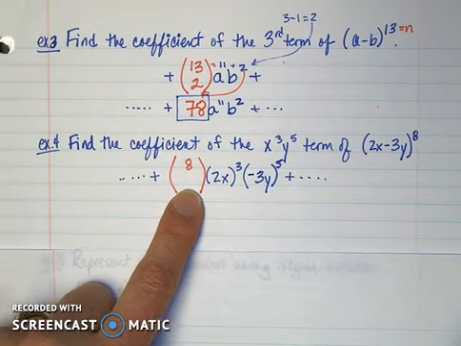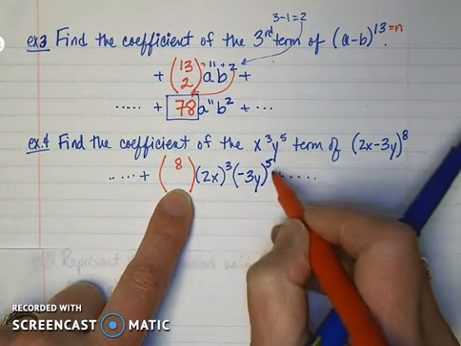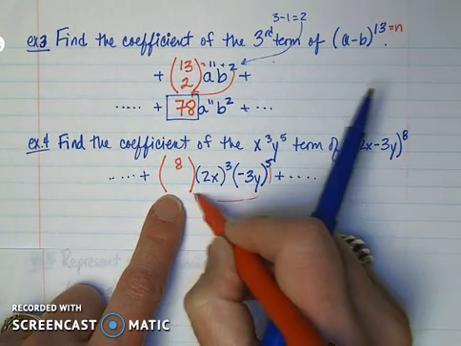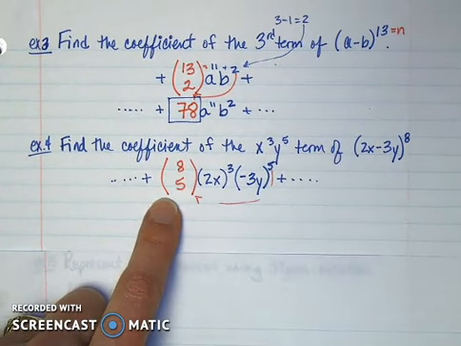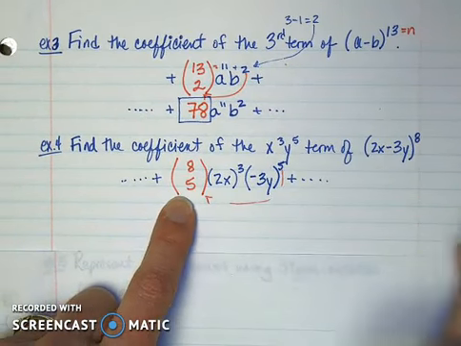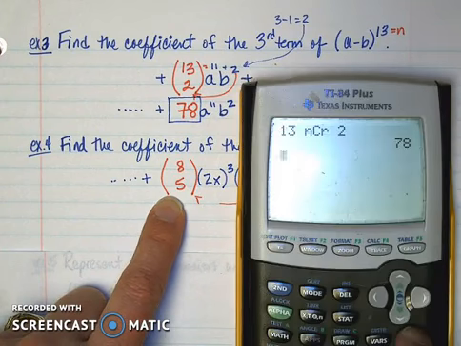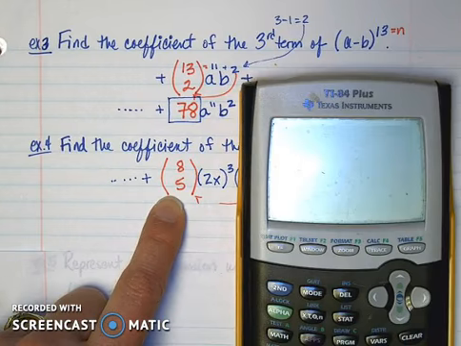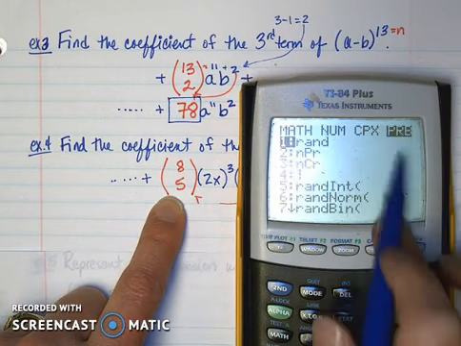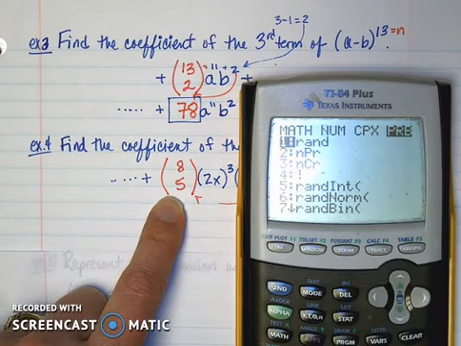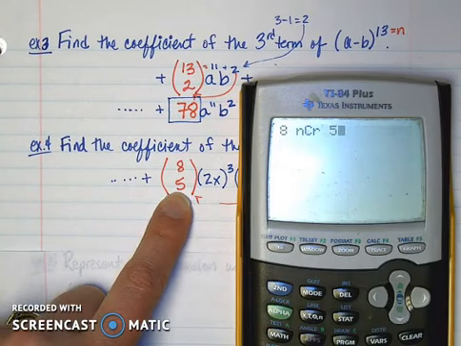Do you remember from the last time? It's going to be this value. So that is 5. So now when I do that combination of 8 and 5, I'm going to type in 8, hit math, go over to probability, select the combination, and type in 5. And it will do the factorial work for me, and it tells me that that is 56.